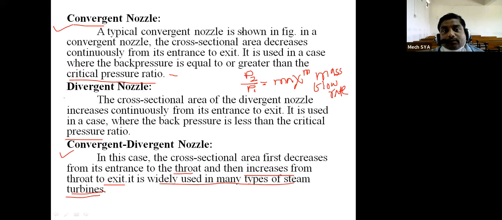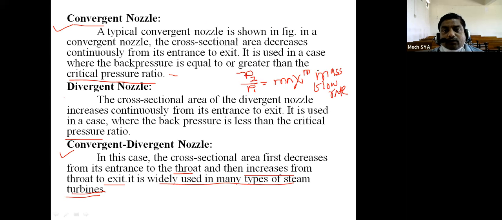So in the nozzle, it is a ratio, and inlet pressure is the denominator quantity. The pressure at which we can get maximum velocity or maximum mass flow rate, that pressure or that pressure ratio is called the critical pressure ratio. Understood?